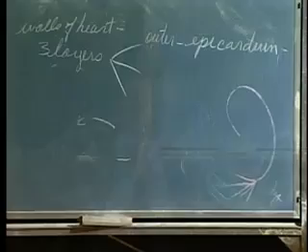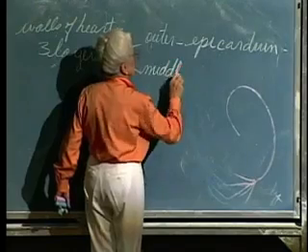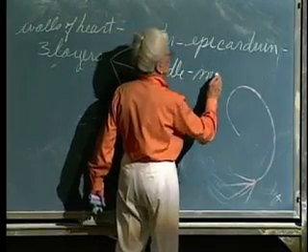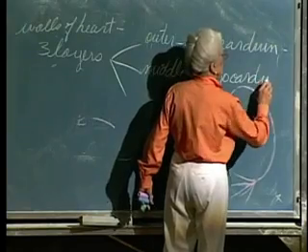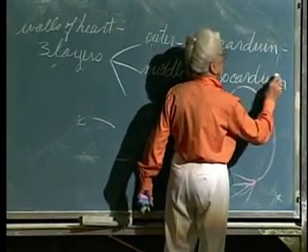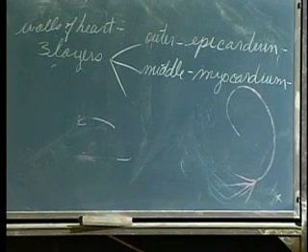Myocardium, sure. And you've studied myocardium. Epicardium has many names. We'll see in a moment when we talk about the protective coverings of the heart. We'll just leave it at this.